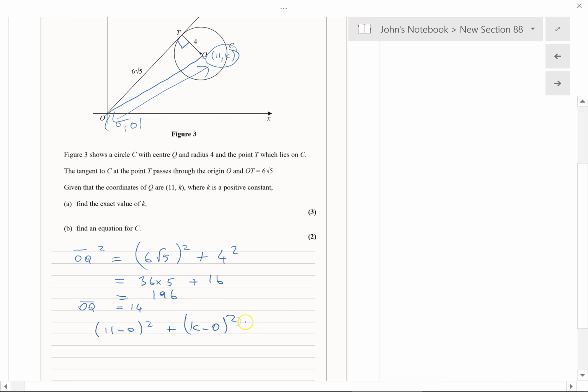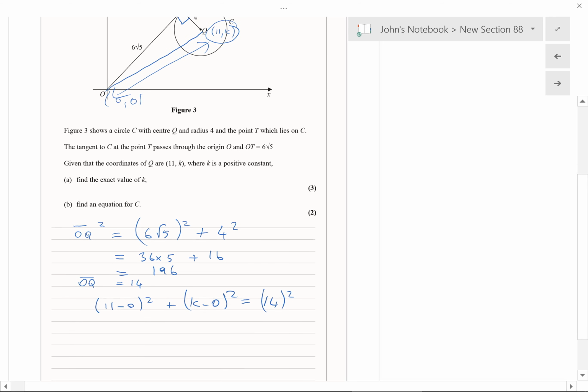We don't really need the zeros, but I put them in just in case it's uncomfortable if they're not there. So that's 144 on the other side. So that gives me 121 plus k squared is equal to 196, so that gives me k squared equals 75.